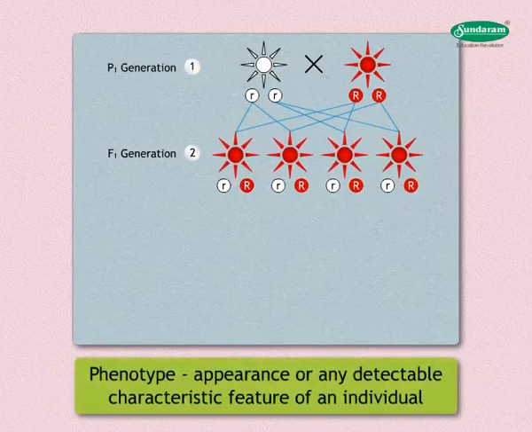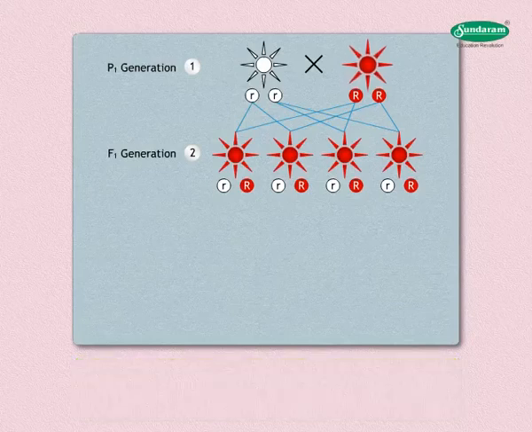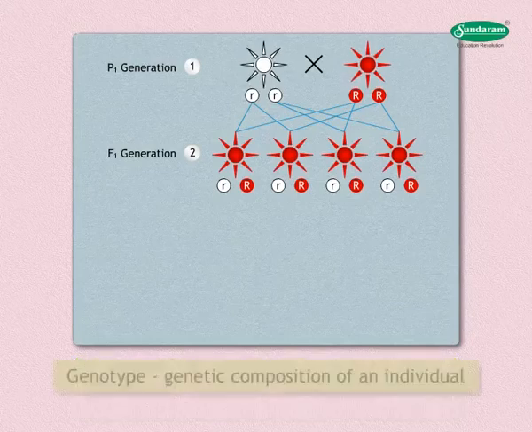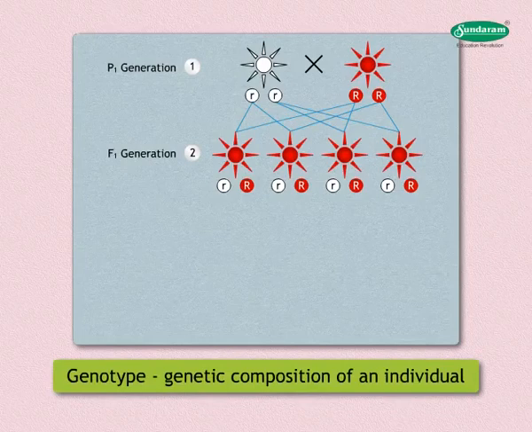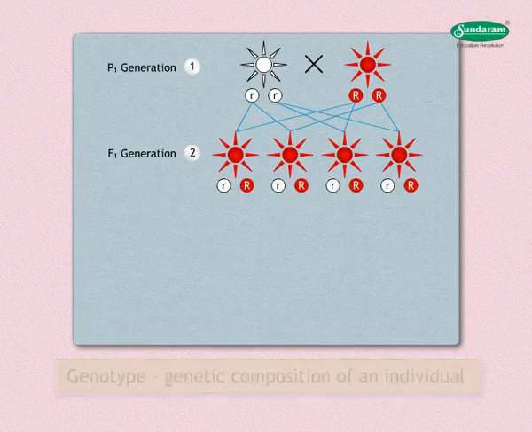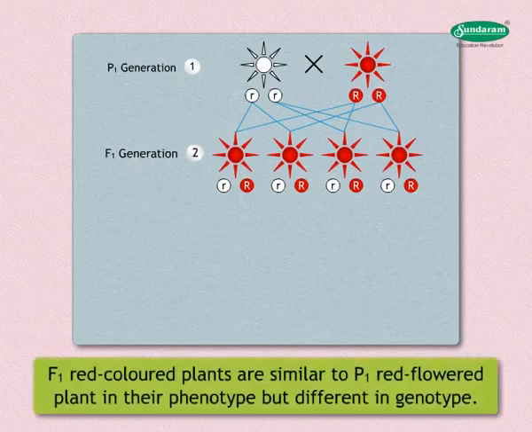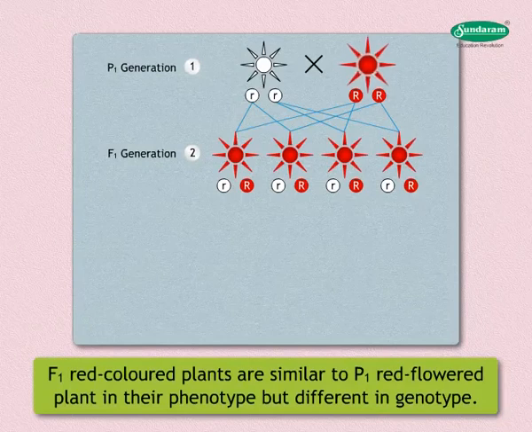The phenotype is the appearance or any detectable characteristic feature of an individual like red and white flowers. The genotype is a term that refers to the genetic composition of an individual. Thus, we can say that F1 red-colored plants are similar to P1 red-flowered plants in their phenotype but different in genotype.